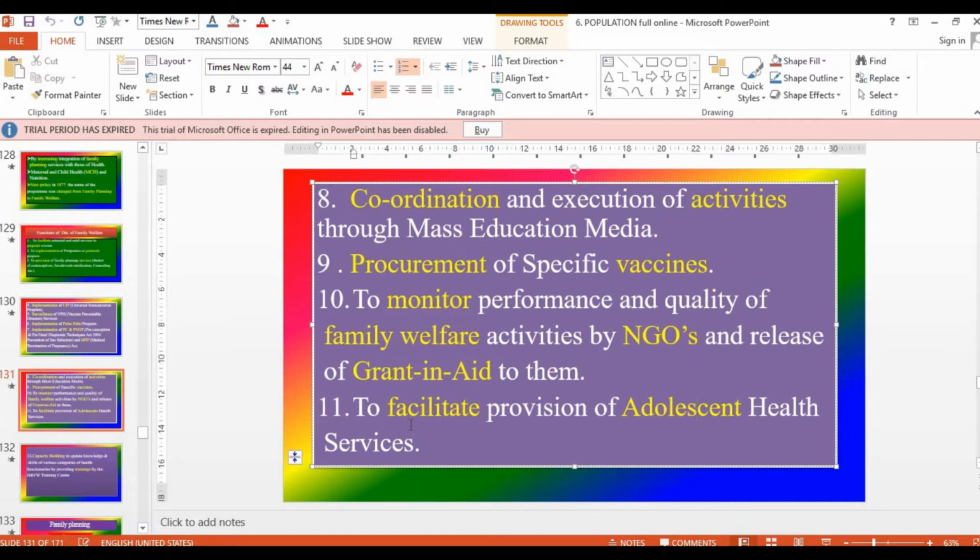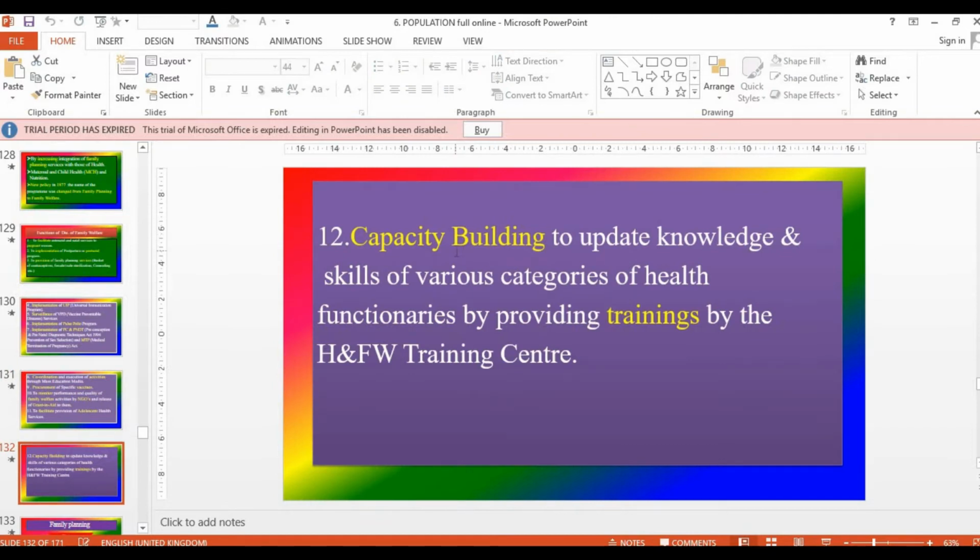Also other healthcare services to promote the health of adolescent girls mainly. 12th function, capacity building, mainly of various categories of health facilitators, through training centers.